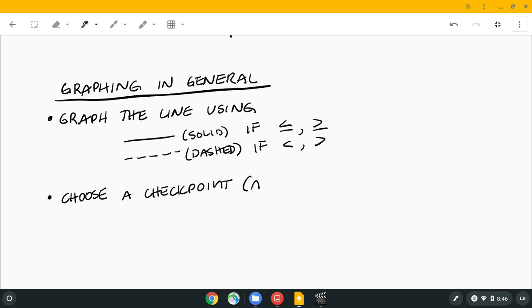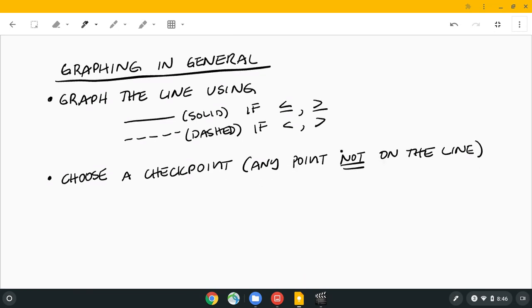This can be any point you choose, but it cannot be on the line. I would choose something clearly away from the line, just in case you graphed it a little crooked. You don't want a point near the line because maybe it's supposed to be above it, but you graphed it crooked and now it falls below it. So pick a point that's away from the line.